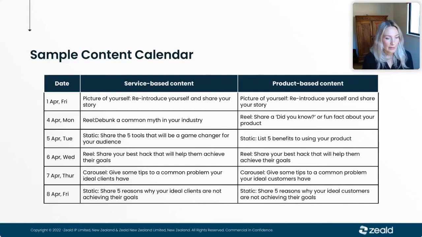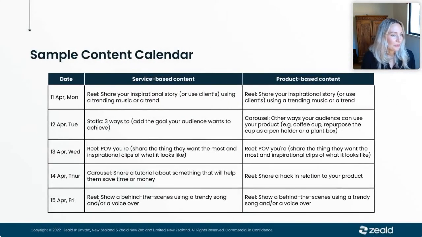So these are just some of the ideas. Another idea could be 3 ways to, and then you could be adding a goal that your audience wants to achieve. You could also share ways your audience can use your product. So how do they actually apply it once they have it, and so on.